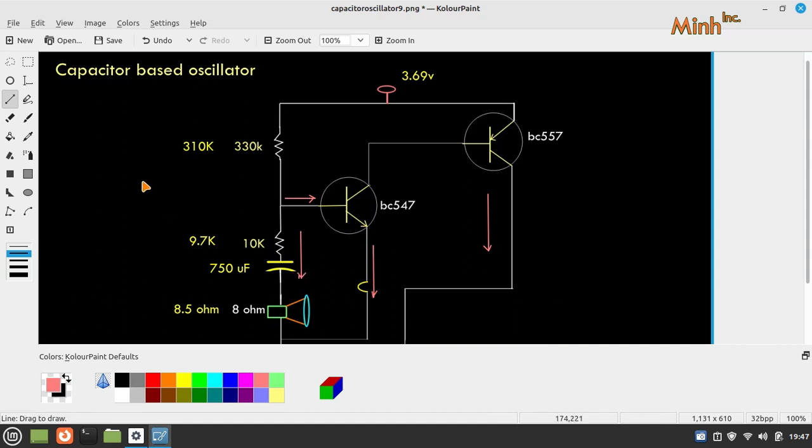We'll measure IB, and here the voltage would be VB. This is IE, and this is IC, for the PNP, and we can call it I capacitor.